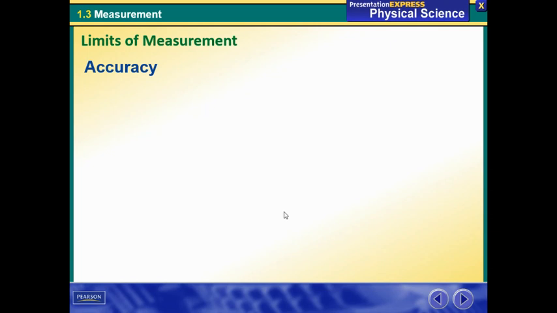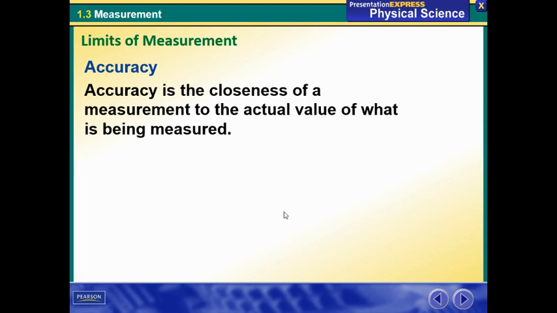Now, we use this word precise, and sometimes you might hear somebody say the word accurate. And I just want to illustrate that precision and accuracy are not the same thing. Again, precision is how well the tool that you are using measures. Does it go to the hundreds, thousands place, minutes, second hands? Accuracy is how close that value is to the actual value being measured.